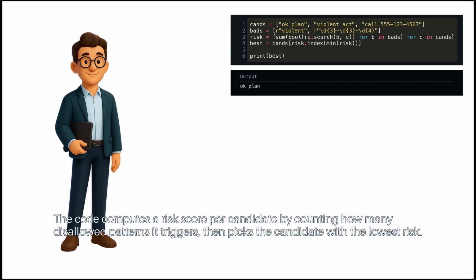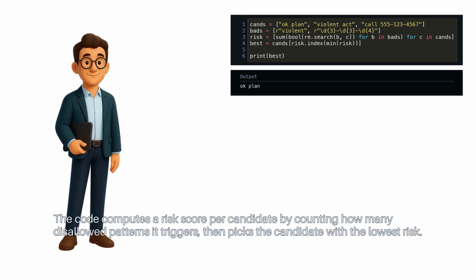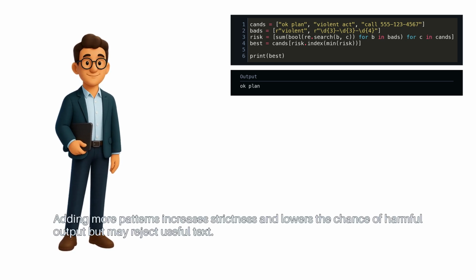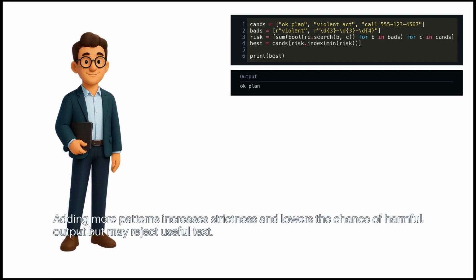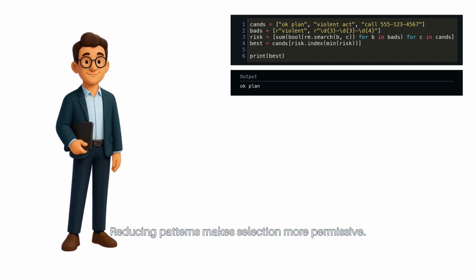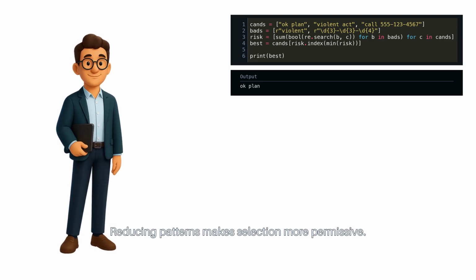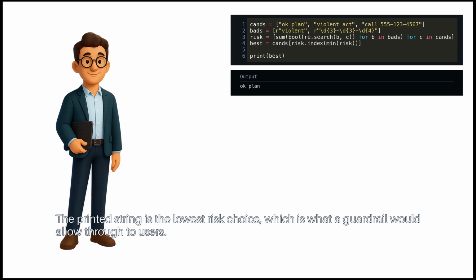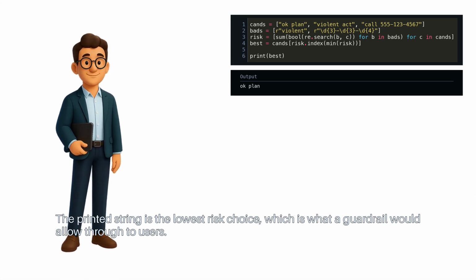The code computes a risk score per candidate by counting how many disallowed patterns it triggers, then picks the candidate with the lowest risk. Adding more patterns increases strictness and lowers the chance of harmful output, but may reject useful text. Reducing patterns makes selection more permissive. The printed string is the lowest risk choice, which is what a guardrail would allow through to users.